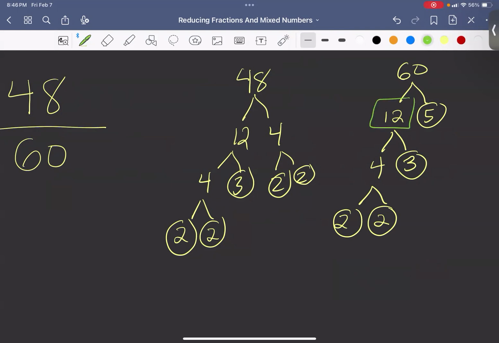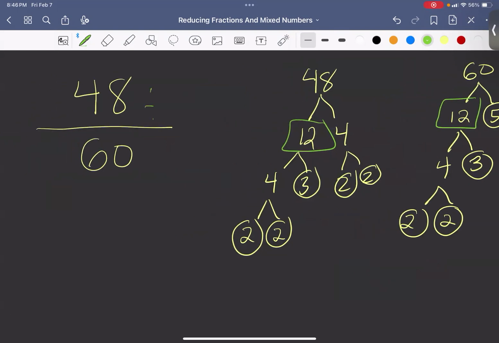The biggest one that they share is 12. So I'm going to divide both the numerator and denominator by 12. 48 divided by 12 is 4, and 60 divided by 12 is 5. So our answer is 4 over 5.